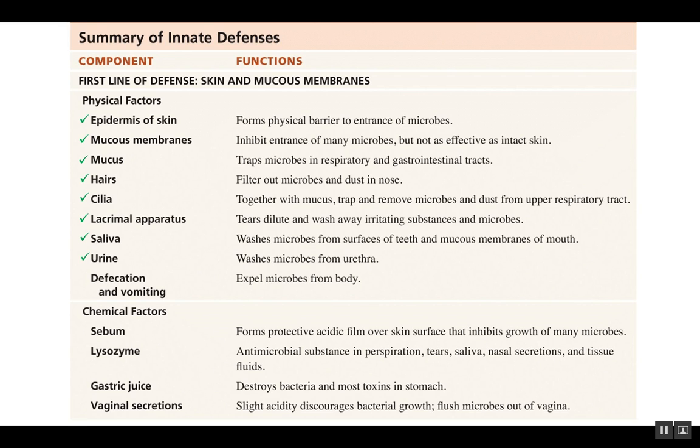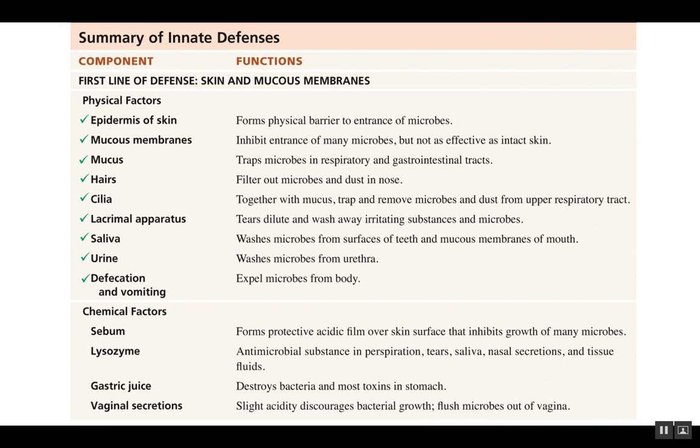Urine isn't just a waste product, it's also flushing the urinary tract. Urine is also acidic. A lot of secretions that our body produces are acidic, and microbes don't really like acidity. They like very, very neutral environments. So acidic secretions are very useful in helping to prevent microbial growth.